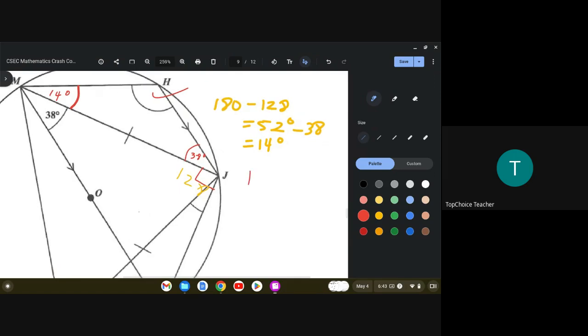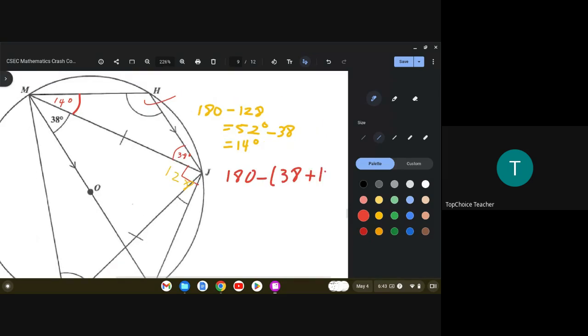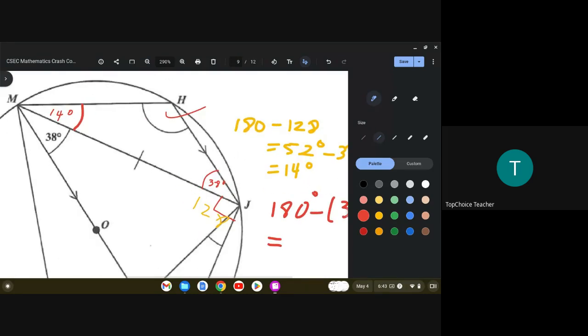I'm writing that here: 180 take away the sum of 38 plus 14. In the event that students don't know why we're doing this, I will tell you. This is a triangle, right? A triangle has 180 degrees in total. So if you add up these two angles underneath and take it away from 180, you will get the missing angle.